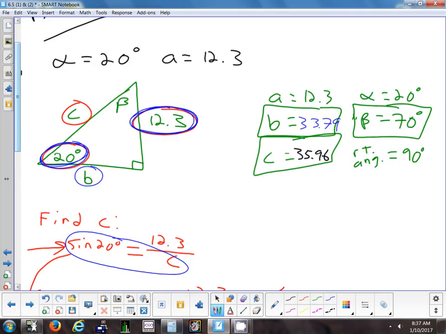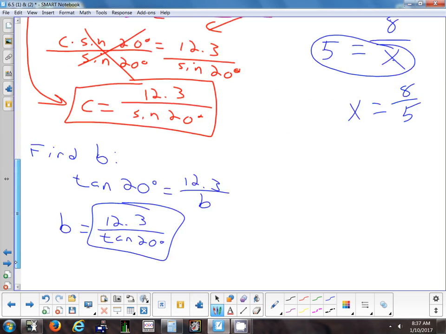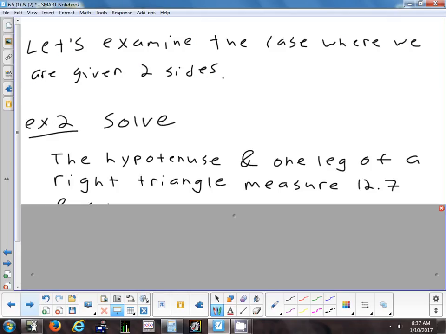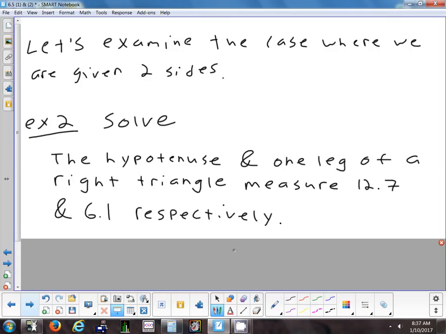All right, so the next type. We're going to look at what happens when you're given two sides. So this time it says the hypotenuse and a leg of a right triangle measure 12.7 and 6.1.